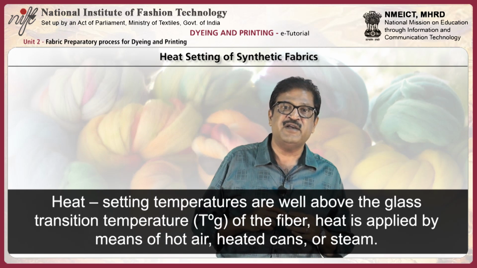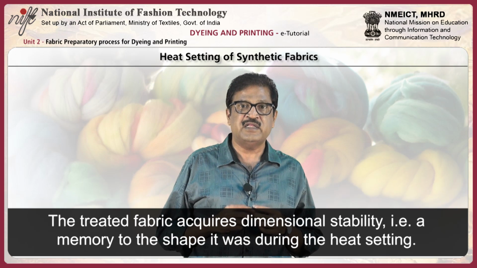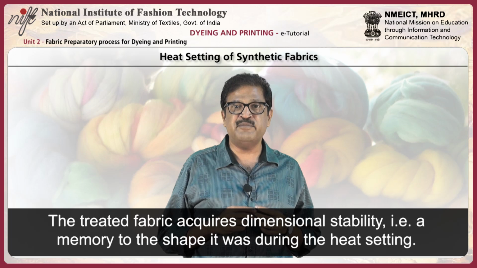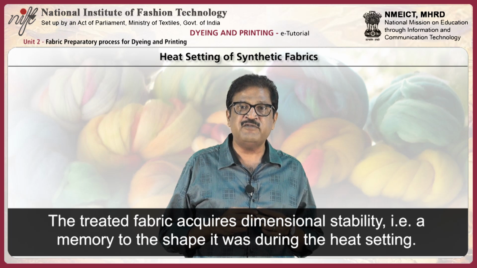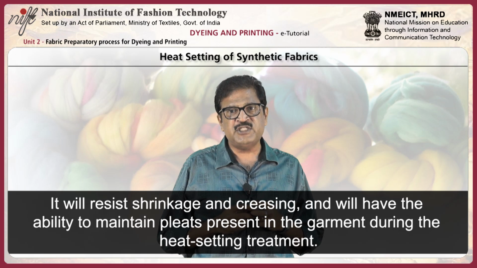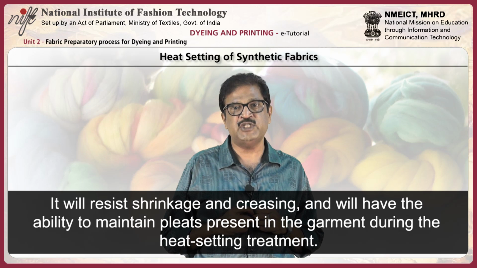Heat is applied by means of hot air, heated cans or steam. The treated fabric acquires dimensional stability, that is, a memory of the shape it was in during heat setting.